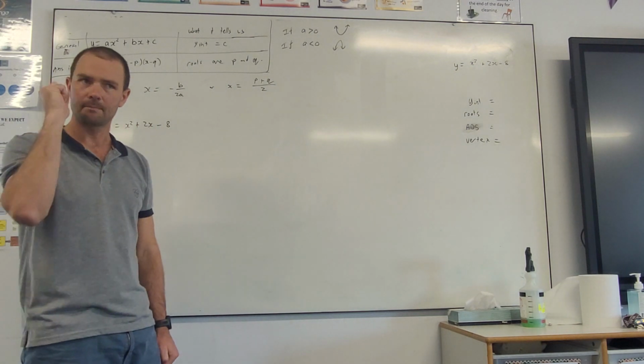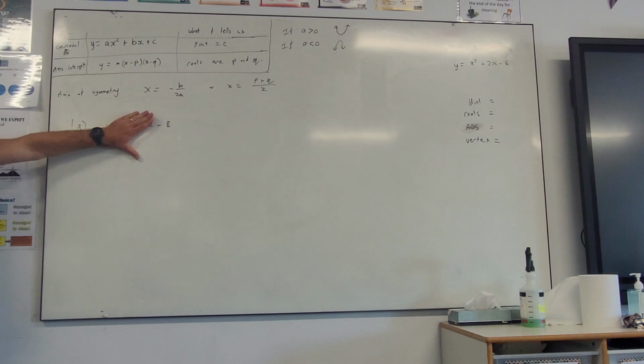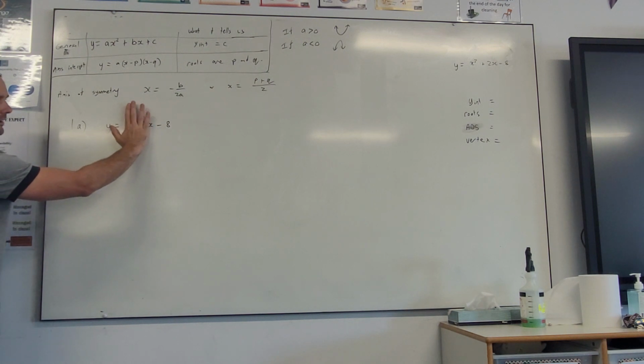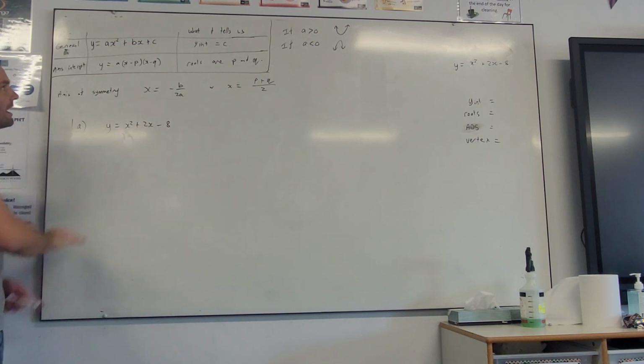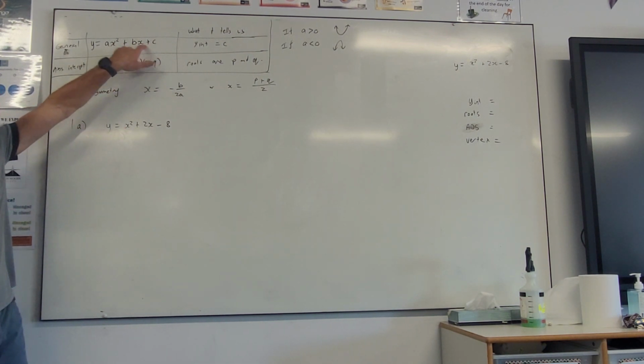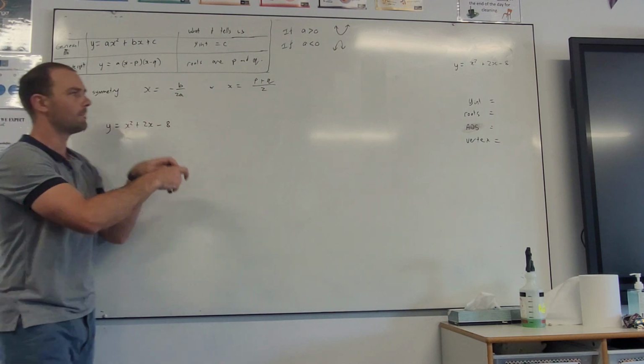The y-intercept occurs when x is 0, and we can extract that straight from our general form here. If I put 0 into this equation, that goes to 0, that goes to 0, I'm just left with minus 8. All right? In fact, for the quadratic in general form, the y-intercept is this value. Here's the general form, the y-intercept is minus 8.